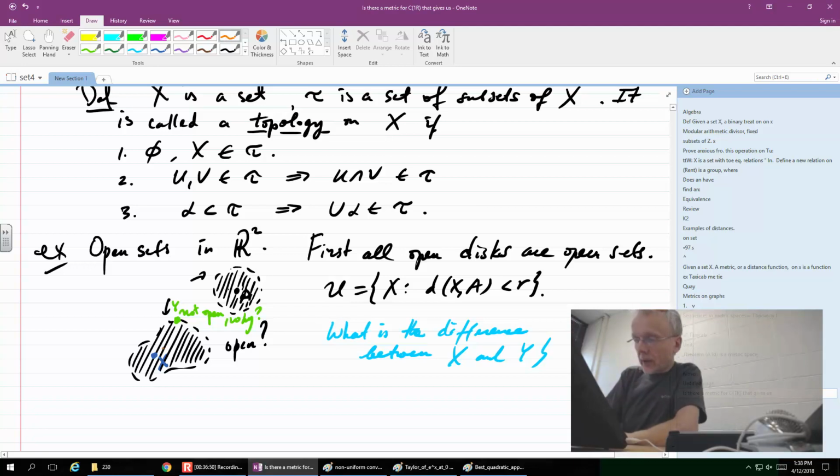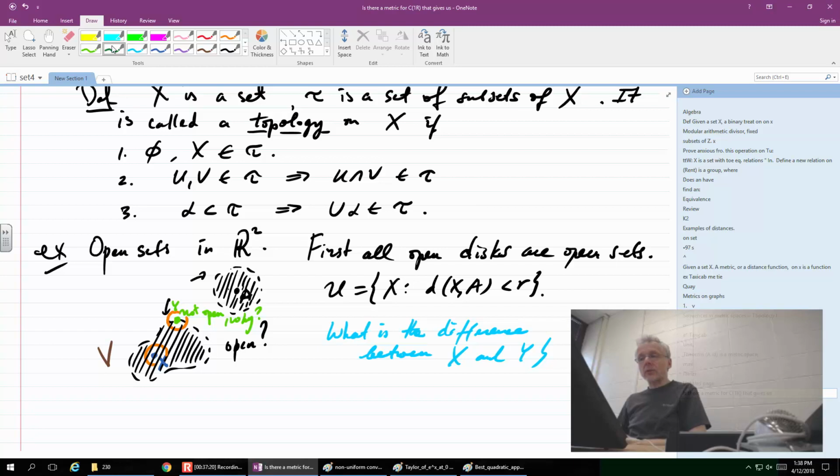So if I choose a number small enough and I put a disk around X, it will fit in entirely inside of this set, say V. However, it is impossible to do if I try to do it around Y. No matter how small my disk is, it will stick out. That's what makes the difference between open set and not open set.